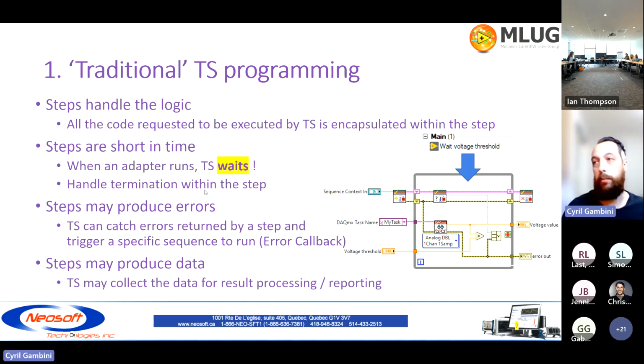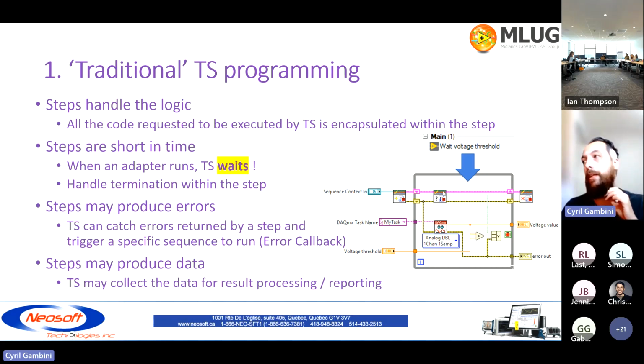And if it doesn't get any feedback, it just waits, and it can wait forever. You should handle termination within a step. Termination is, for example, when an operator decides to stop the sequence execution and presses a stop button on the UI. Since TestStand is waiting for the code to return, you have to handle that request within the step, so you can stop the step execution.